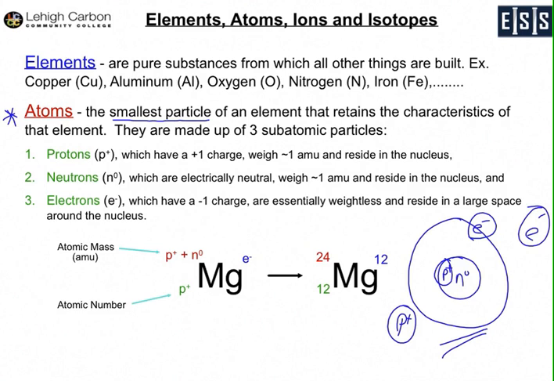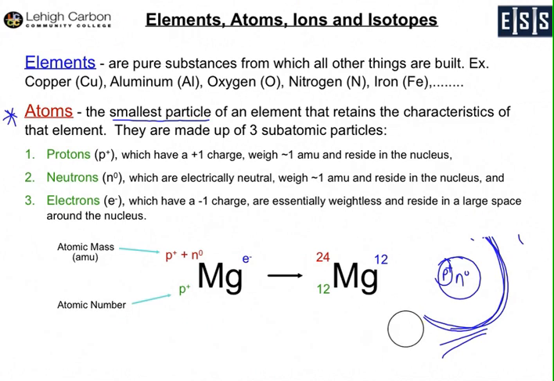It's only when it's in this configuration here that it behaves like an iron atom. So this is the smallest particle you can get down to, this atom that has the electrons, protons, and neutrons in such a way to make up that element. In this case, we're talking about iron.